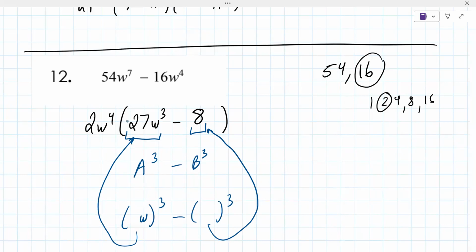And you're cubing this time. 3 cubed, 3w, yeah. And then how about to get to 8? To get to 8, it would be 2 cubed.